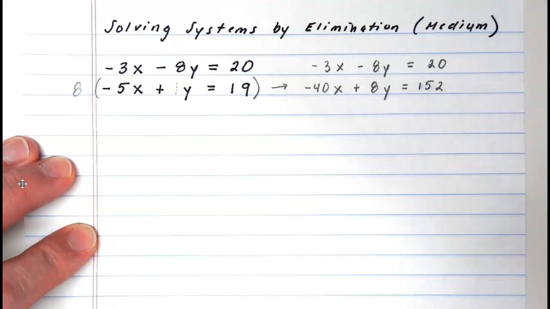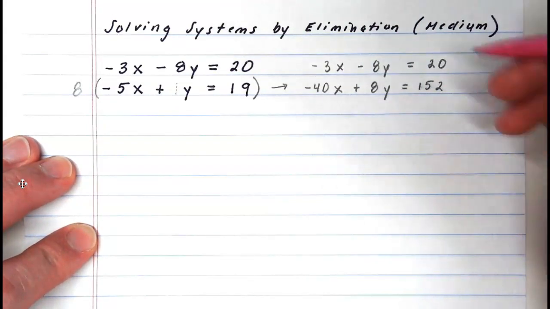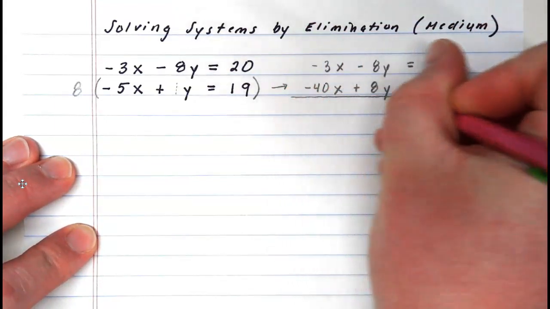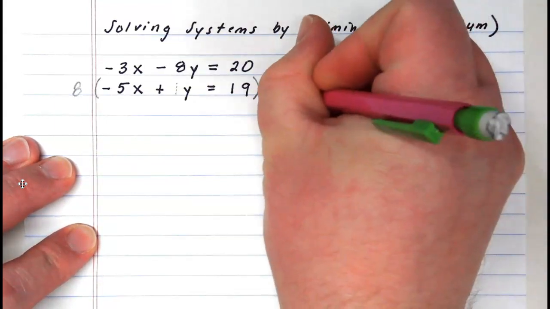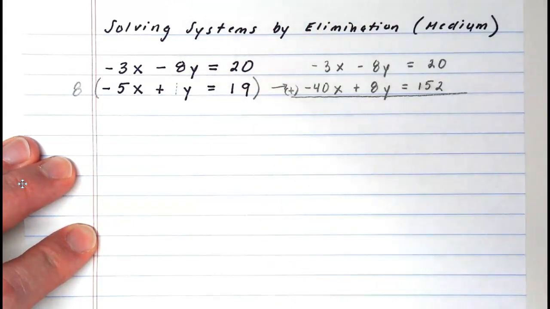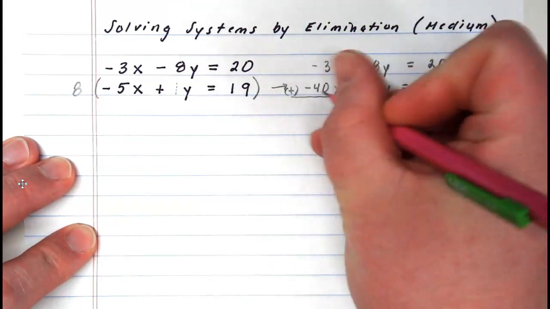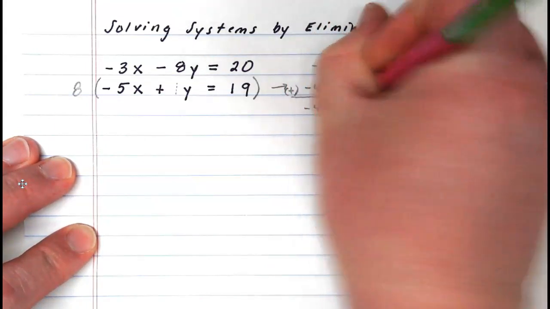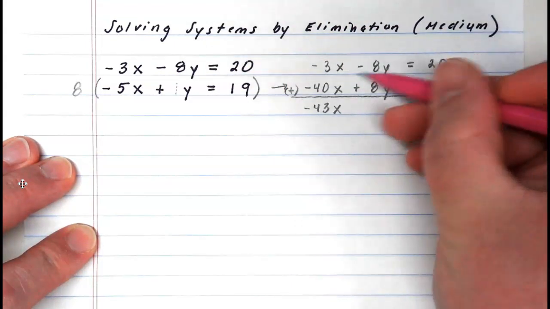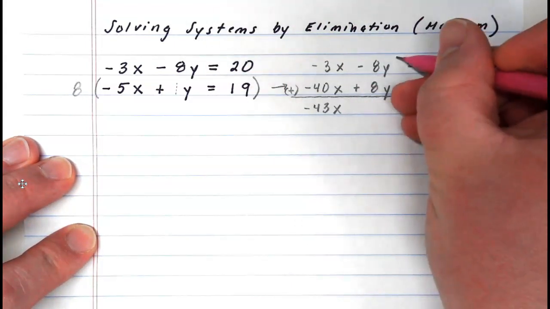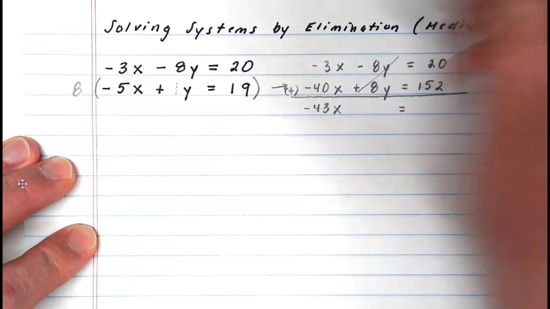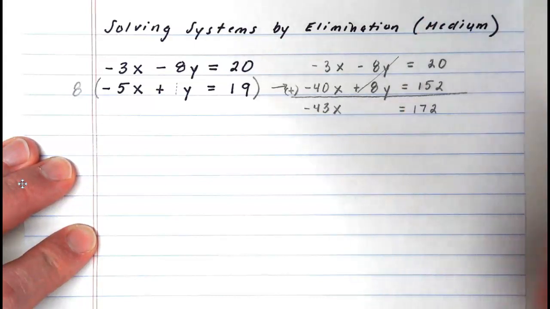And now we have two equations, and when we add them together, we're going to get something to be eliminated. So if I take these two equations now and add them together, negative 3x plus negative 40x would be negative 43x. Negative 8y plus 8y is 0y. So that's eliminated. And that equals 20 plus 152, which is 172.